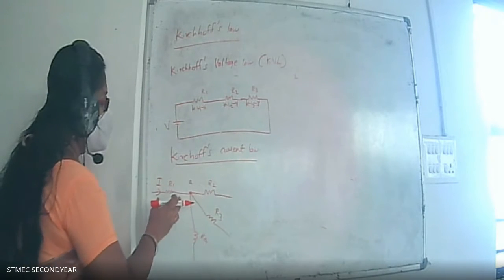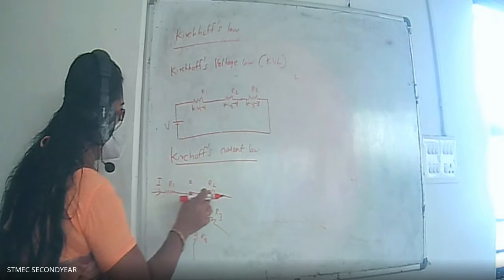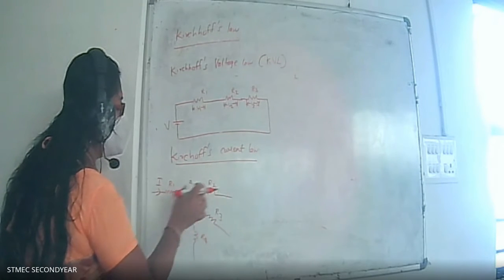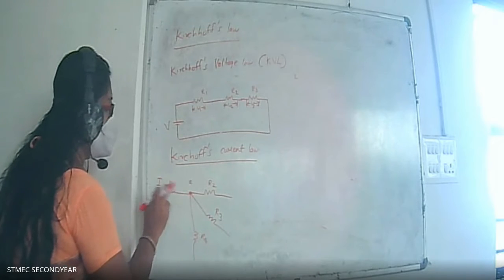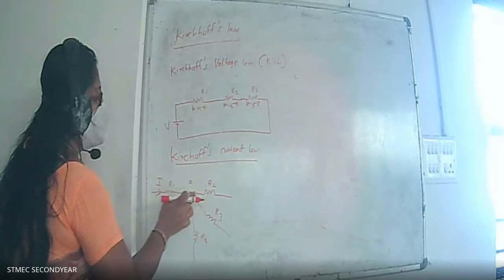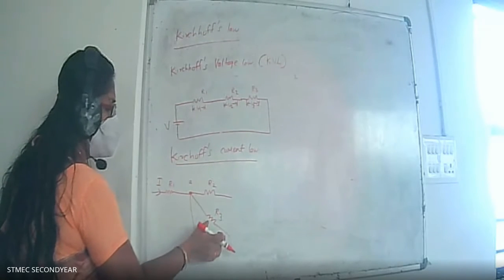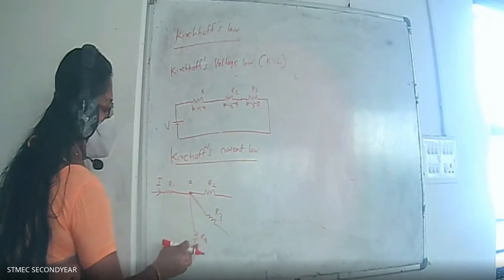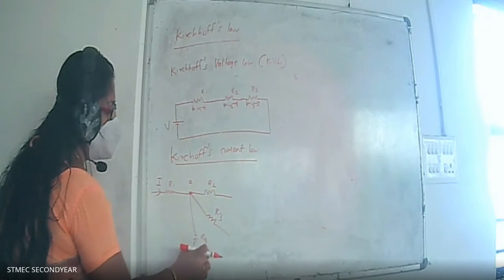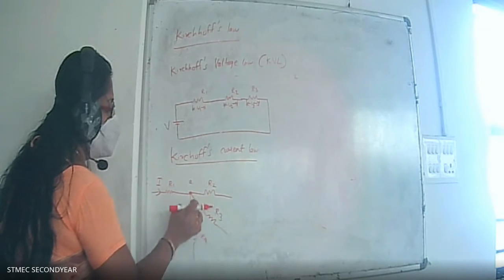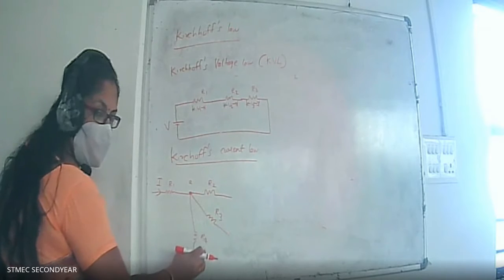If the resistance R2 is very small, then most of this current I will flow through it. If the value of R3 is very high, then a lesser amount of current flows through R3. If the value of R4 is intermediate between R2 and R3, then a medium value of current will flow through R4.